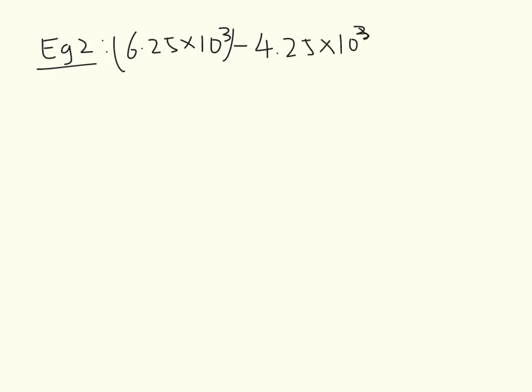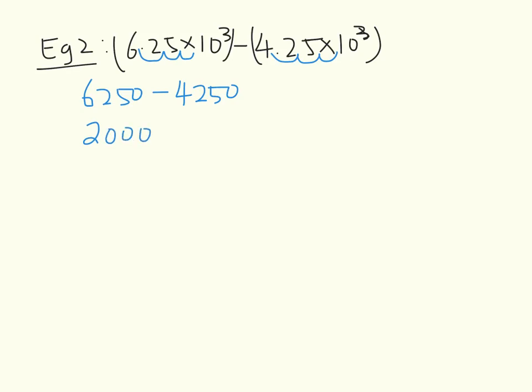From here, you can see that I will first rewrite it in standard form. 6.25 times 10 to the third power is actually 6,250, and subtracting 4.25 times 10 to the third power is 4,250. From here, you can see that I end up with 2,000. And 2,000 is written as 2 times 10 to the third in scientific notation.